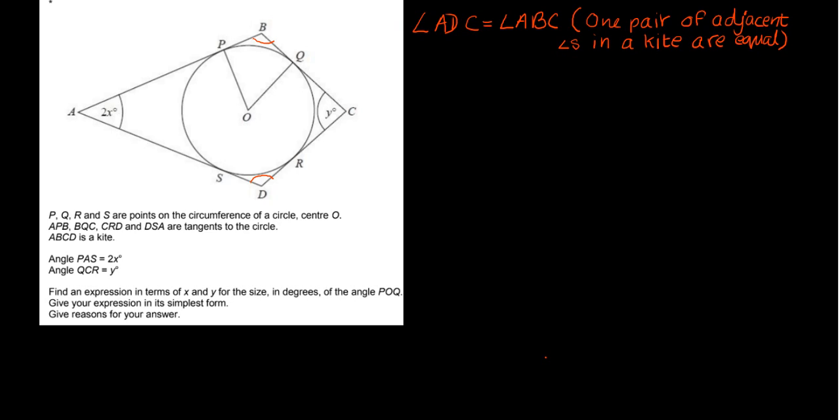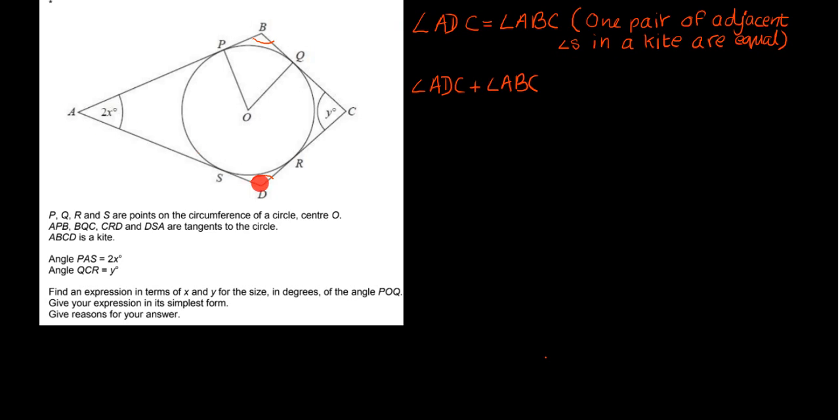Now if you look at ABCD, which is a kite, the sum of all the angles would be 360 degrees because it's a quadrilateral. So angle ADC plus angle ABC. Where's ADC?